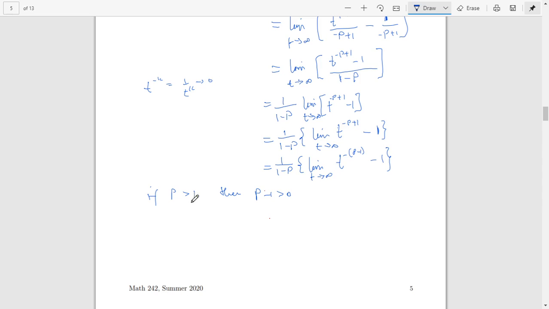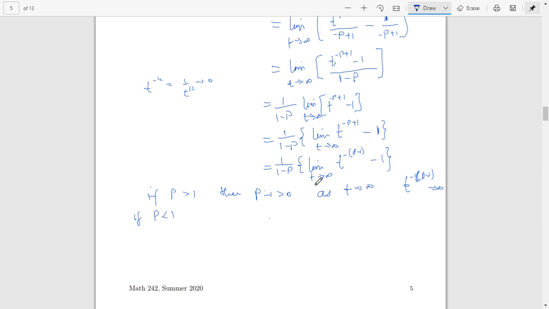So that tells me that as t tends towards infinity, t to the power of minus (p minus 1) tends towards 0. That's case 1.